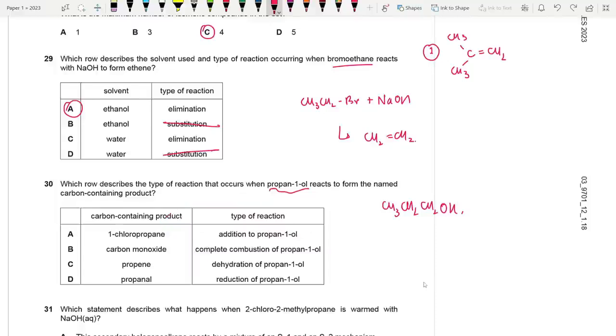Fine. Propan-1-ol to 1-chloropropane. So clearly, this is not addition, rather it's substitution.